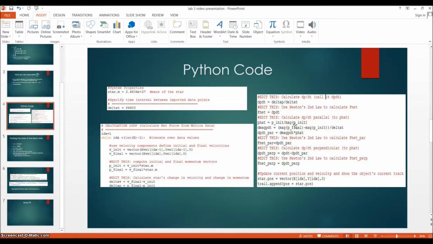I defined p hat as the initial momentum vector divided by its magnitude, the rate of change of momentum's magnitude as the final minus the initial over delta t, and then multiplied them together for dp/dt parallel. To find dp/dt perpendicular, I simply subtracted the parallel component of dp/dt from dp/dt itself. Notice how I set each component of dp/dt equal to the respective components of Fnet.